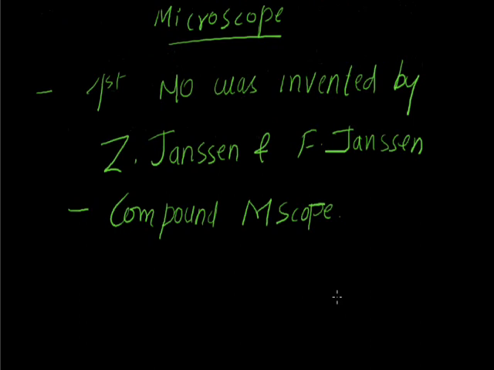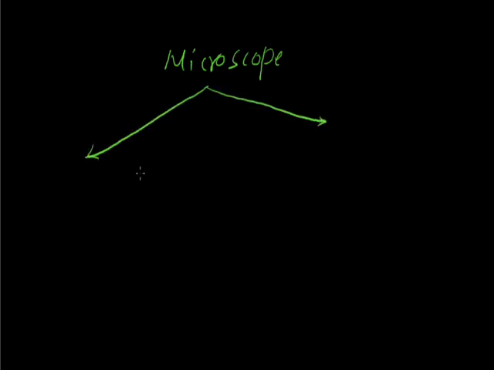Now, microscopes are divided into two categories on the basis of lenses, on the basis of lens number.